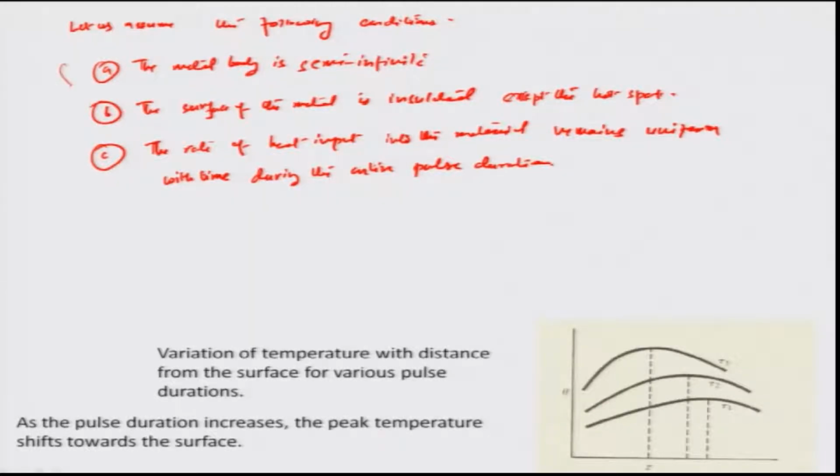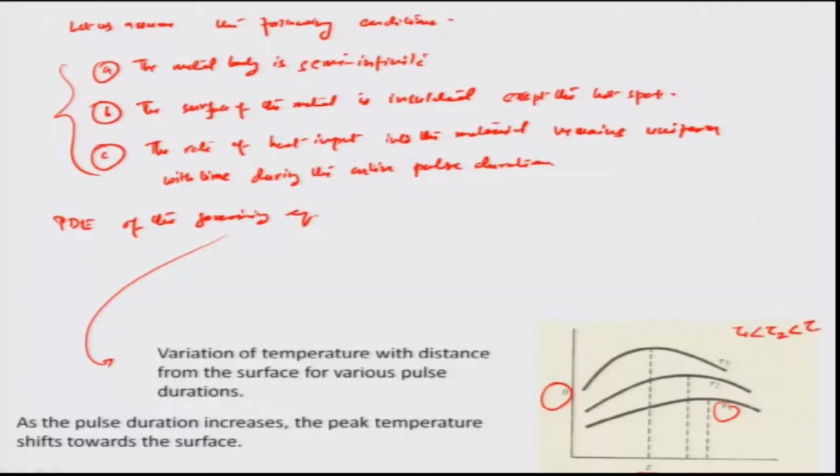So, with these three conditions, if we were to solve the PDE of the governing equation, we will get these trends of the variation of temperature with respect to Z. And as you can see here, that for different pulse durations, for example, T1 is probably lower in comparison to T2 in comparison to T3.